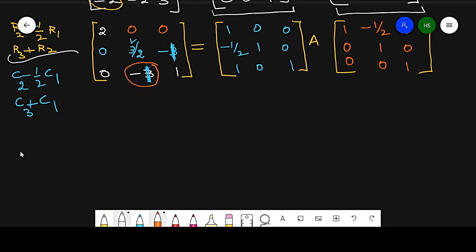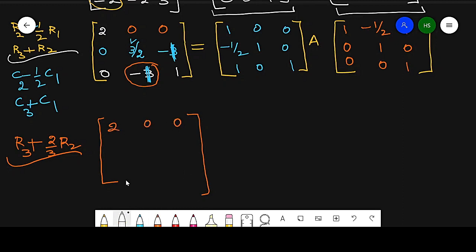So I will apply the row operation R3 plus 2 by 3 R2. So first it will become 2, 0, 0 and then 0, 3 by 2 and next is minus 1, and here it will be changed.